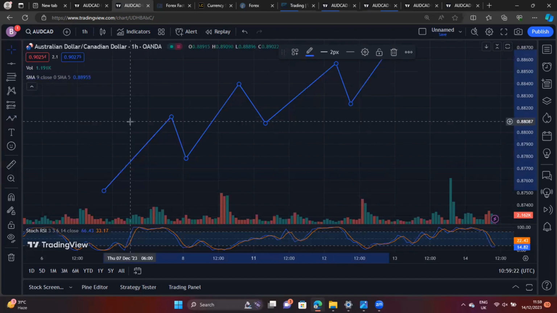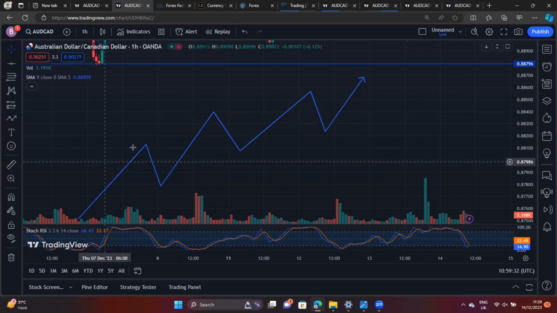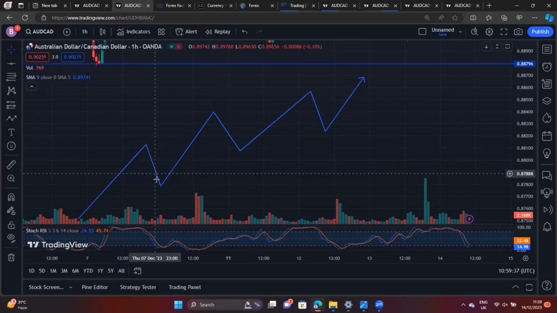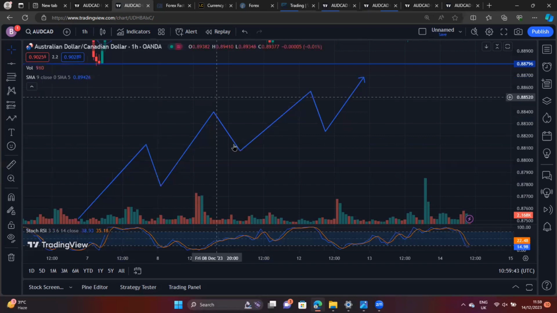So price, of course, was maintaining an upward order, making a forward, upward movement. But while making that movement, it is leaving a pattern for us in the form of swings. So it goes up, it comes down, goes up, it comes down.